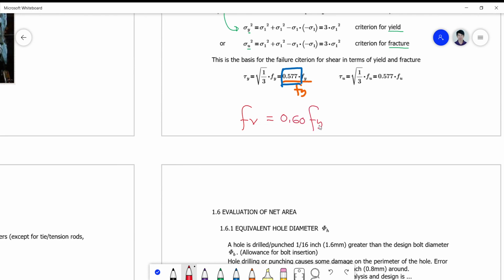If you are using a yield criterion, that is it. If you are using a fracture criterion, you simply substitute your Fy with Fu.